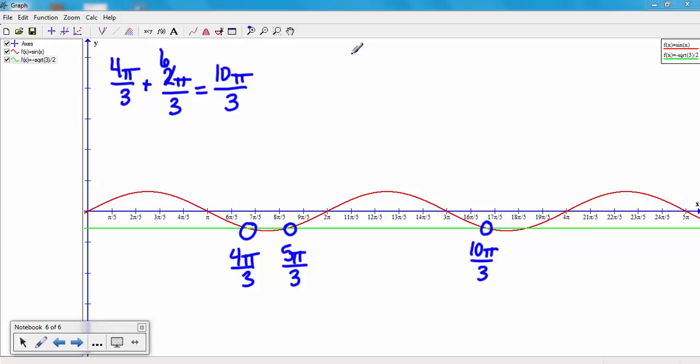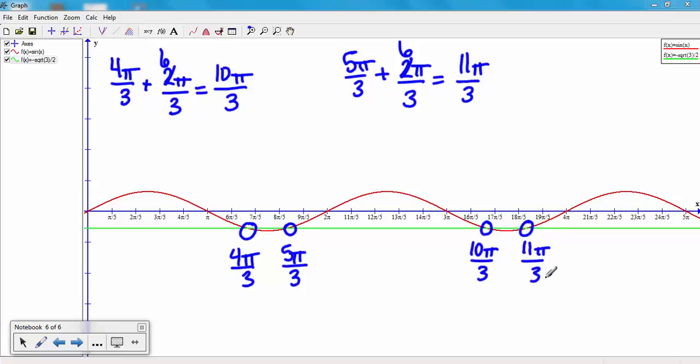Again, we can do this for 5 pi over 3, add a multiple of 2 pi, and get 11 pi over 3. And right here would be my solution of 11 pi over 3.